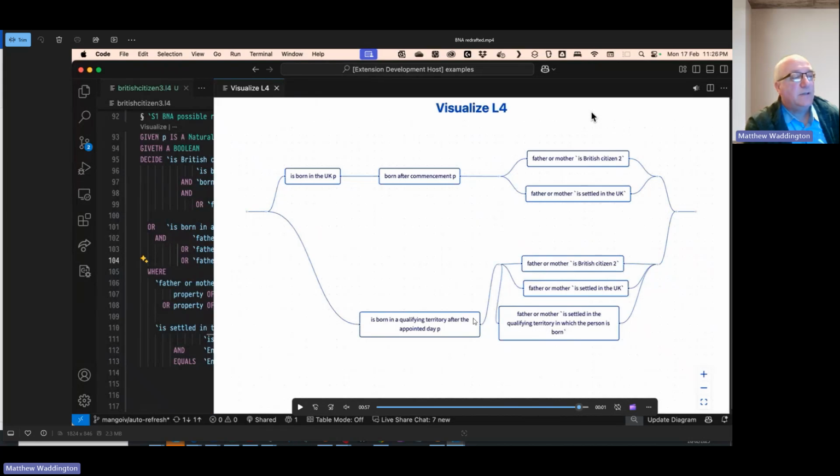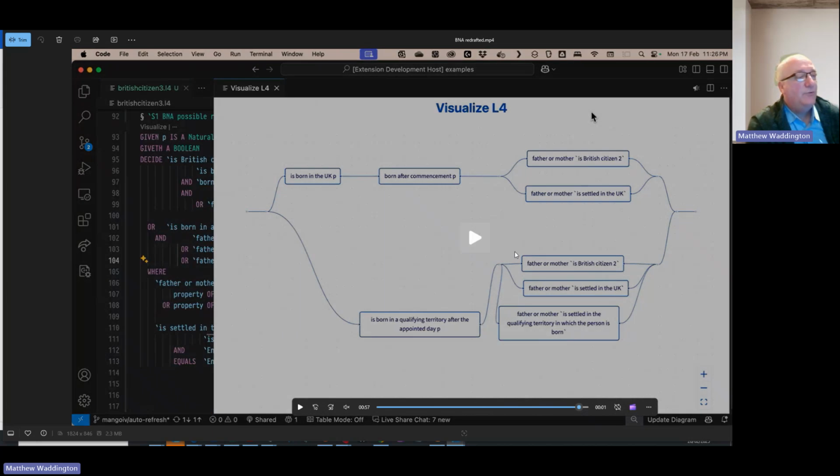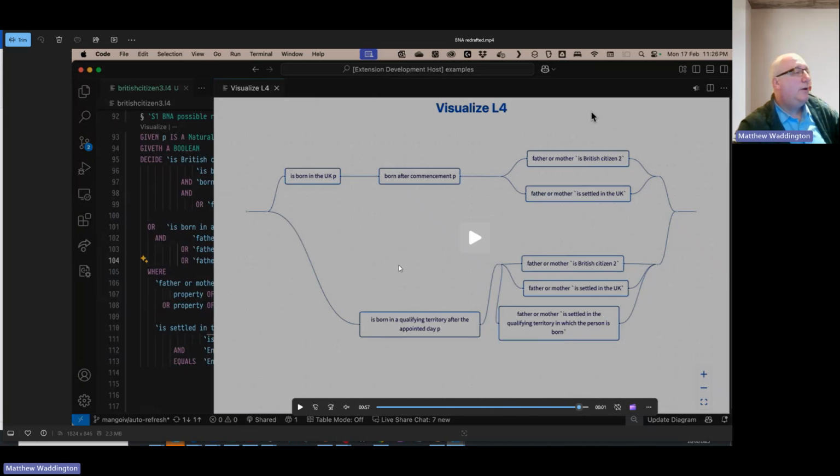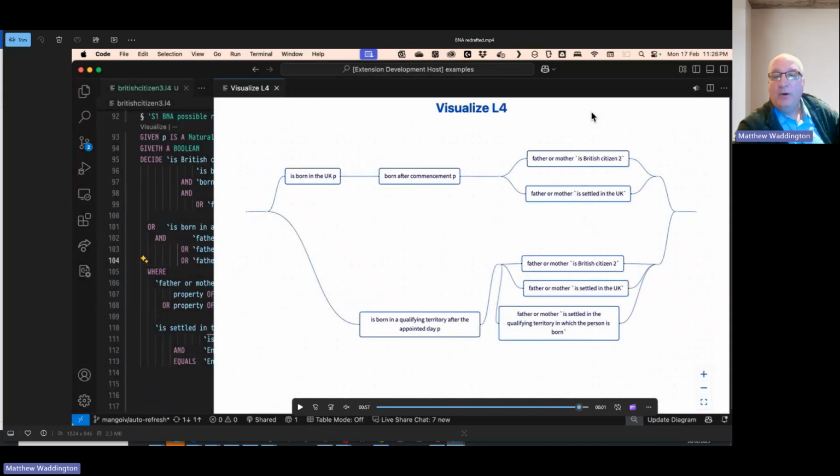So this is going to be a longer redraft, and it's not necessarily going to be as easy to follow as it might be, unless you're thinking, well, most people are going to just use the UK version, and most people are not going to need to look at the qualifying territory version. So I hope that helps to give some idea of how that aspect of it works.